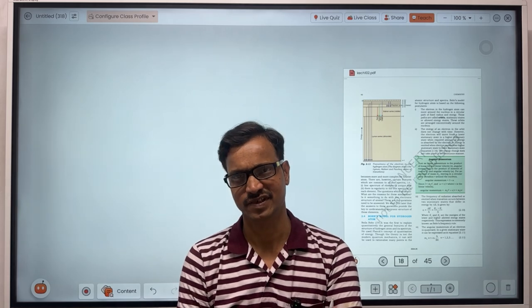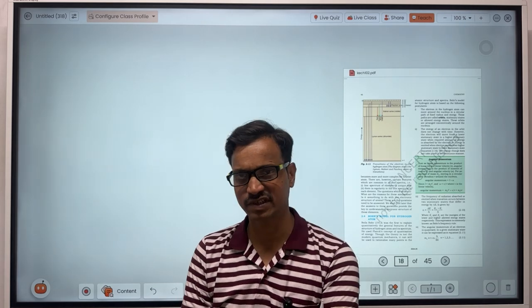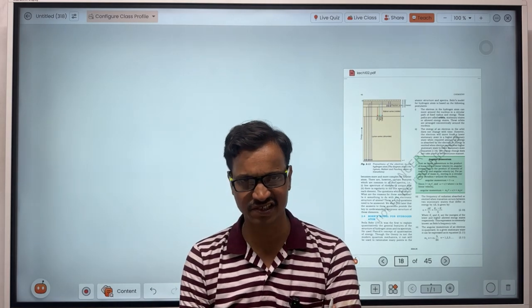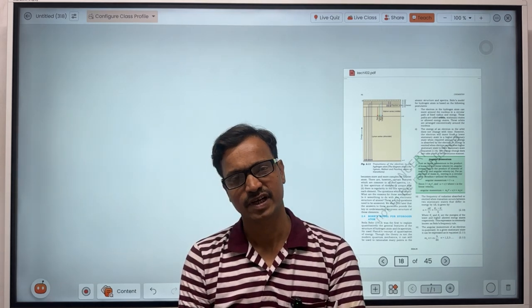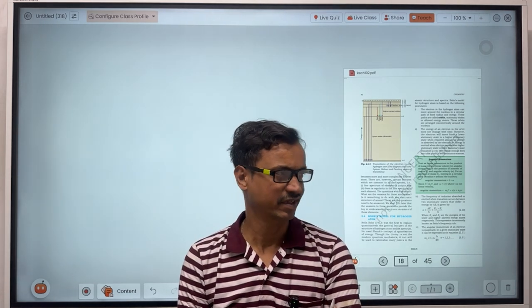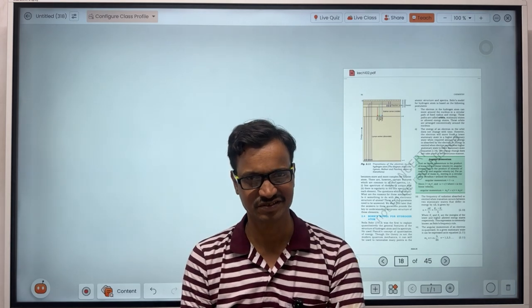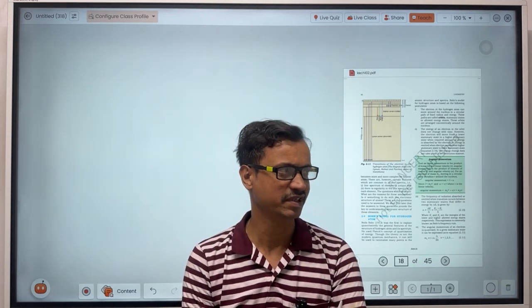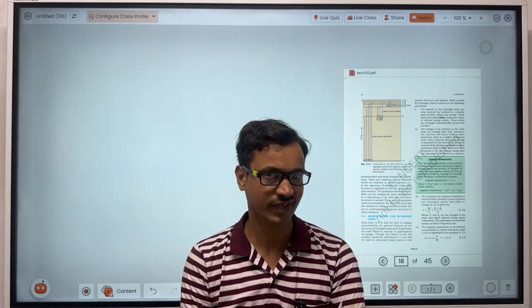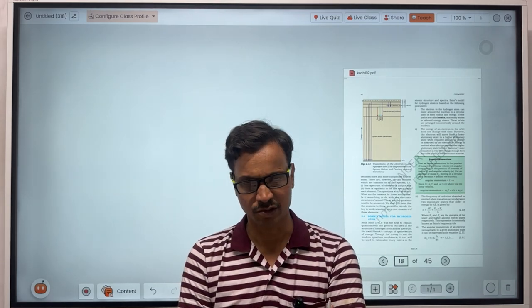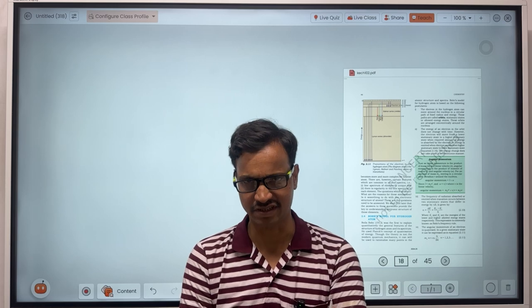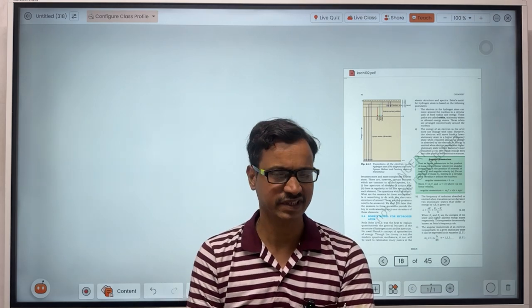It stated that the electron revolves around the nucleus in a definite circular path. But after the discovery of Heisenberg's uncertainty principle, it cannot be said that the electron revolves around the nucleus in a definite circular path.